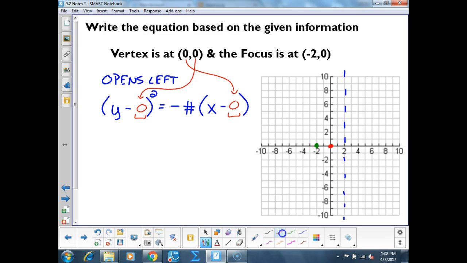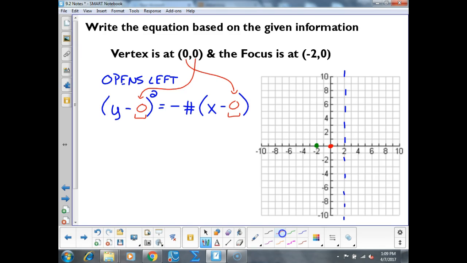That -2 is 4P? No. P? No, -2 is P? Neither. Close though, but neither. What else do I know? We know one more key thing.